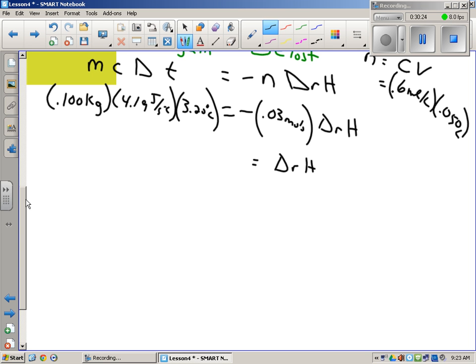Okay, and I get negative 44.7 kilojoules per mole. Now you might say, hey, that's the same answer as the first one. Well, it probably is. That's kind of a fluke because we're doing sodium hydroxide again. So don't freak out about that part. That's how many kilojoules per mole you'd get for sodium hydroxide. Okay, good so far? Yes or no?